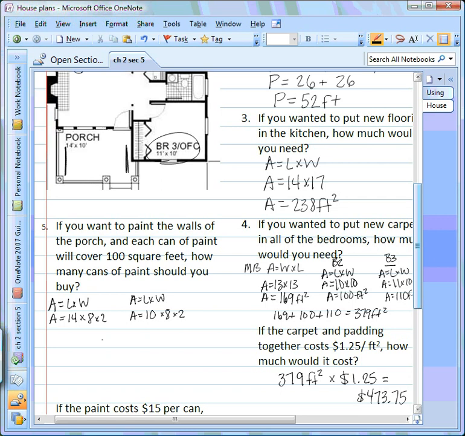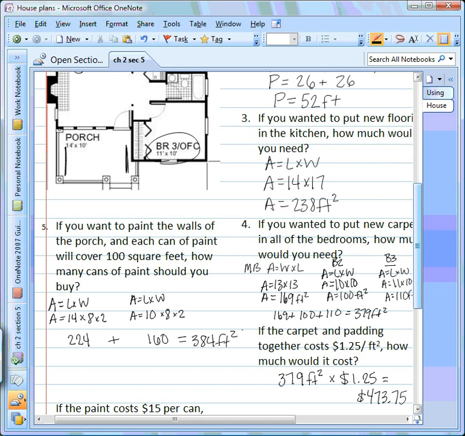We're going to get 224 for the 14-foot wall when we multiply that out, and 160 for the 10-foot wall. Now we're adding up all 4 walls, so we need to add those together, which gives us 384 feet squared. That's our total area.